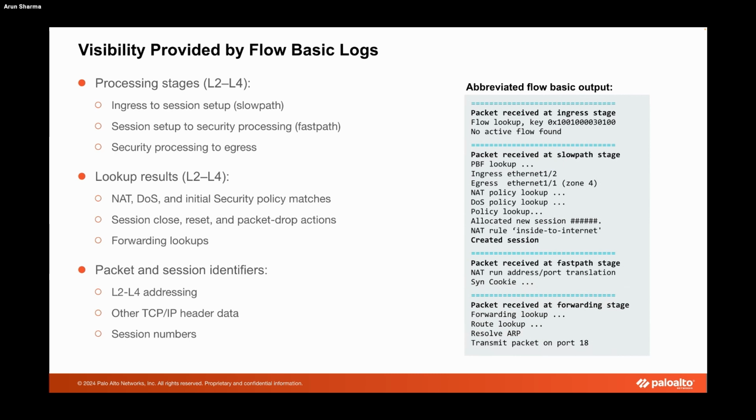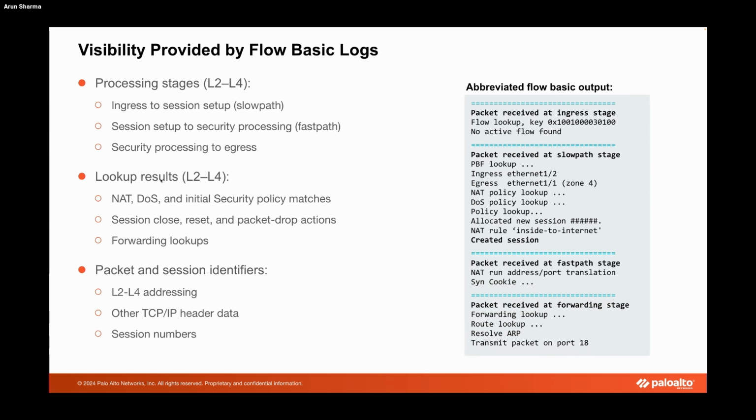But the rules are evaluated every time. Slow path is a little slower because it does a lot of checks. But for the fast path, since we already have a session running, we can skip a few of the checks.